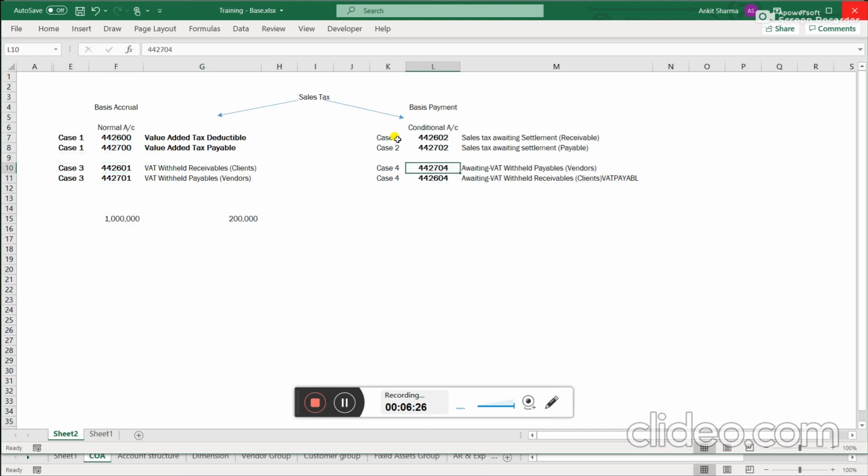In case you have the normal VAT code, but the credit or the output is only provided on the payment basis, we select the conditional VAT code. So here we select the normal VAT code, and here we select the conditional VAT code.